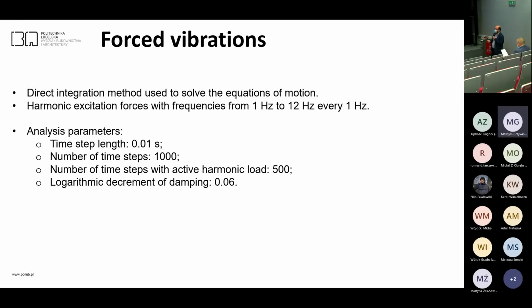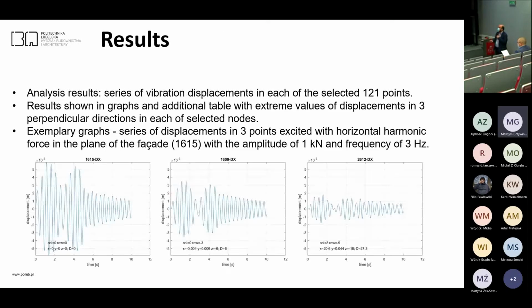Analysis parameters: 1/100 of a second time step, the number of time steps 1000, and the excitation force was active in the first half of this analysis. I have used the typical logarithmic decrement of damping for this structure. This was based on measurements.